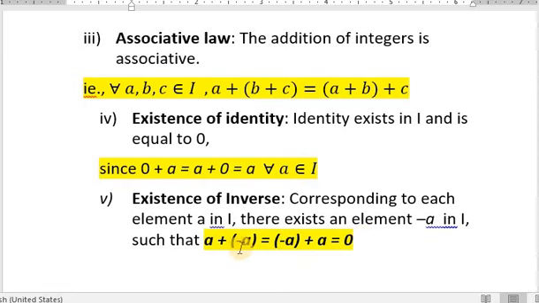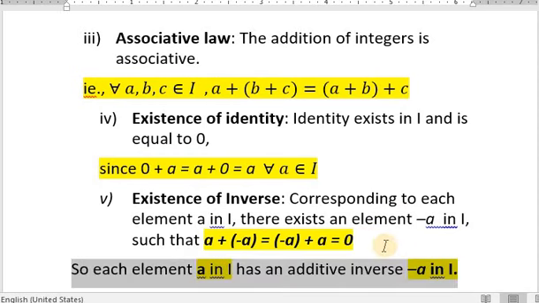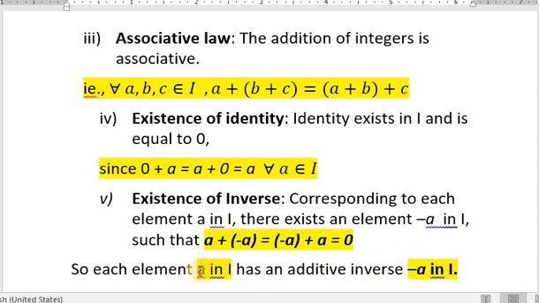So for all a belonging to I, a plus (minus a) is equal to (minus a) plus a is equal to 0, then minus a is the additive inverse of a. So each element a in I has an additive inverse minus a in I.